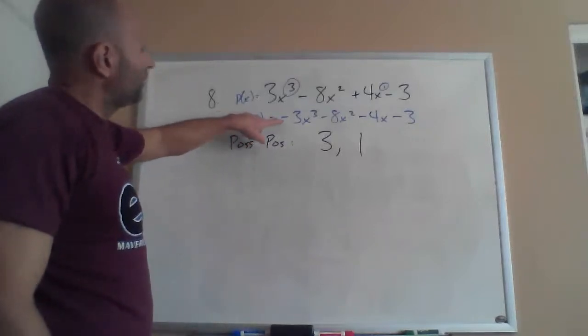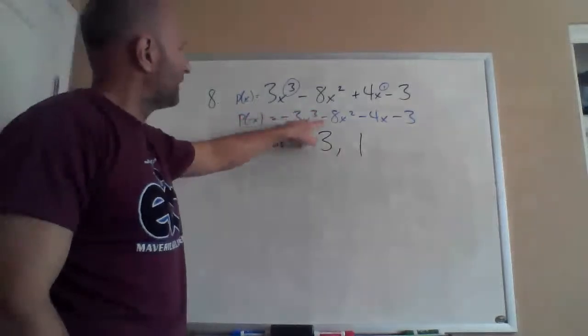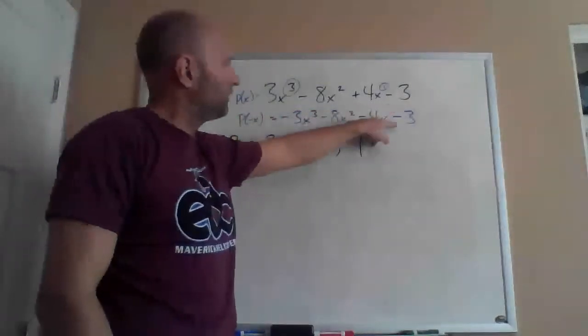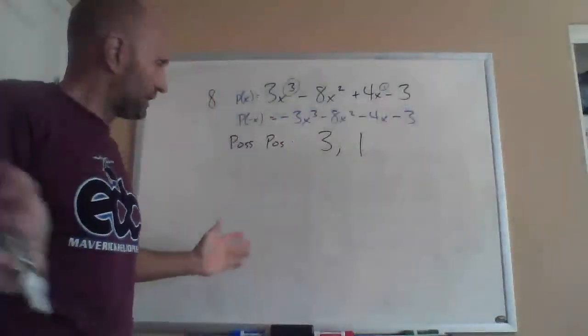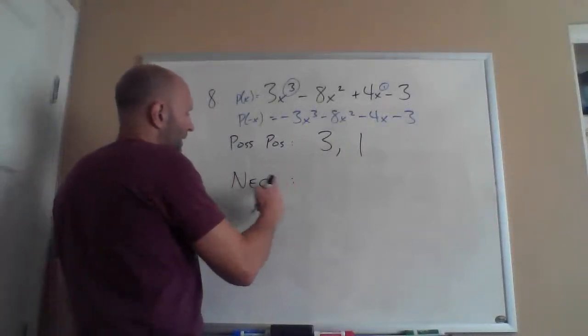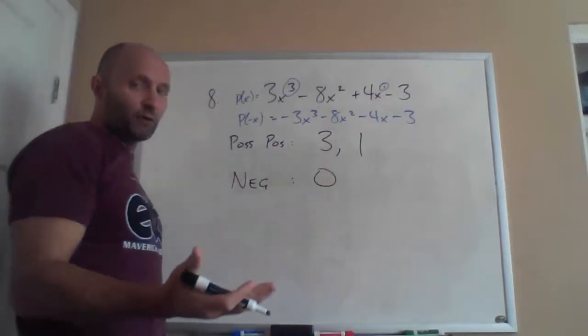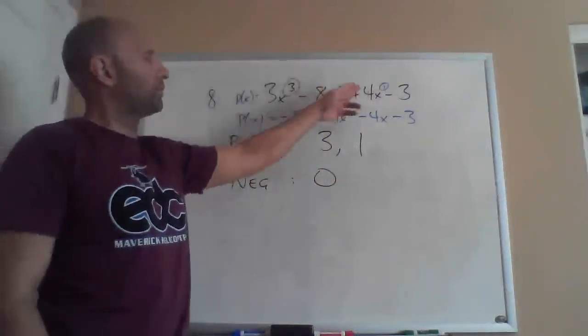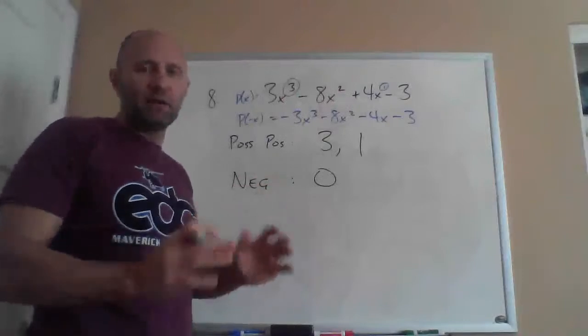So then how many sign changes do I have here? I start with negative, it stays negative, stays negative, stays negative. So the answer is it never changes. There is no sign change. So therefore, the possible negative roots is 0. If I was to figure out the roots of this guy, there aren't any negative roots.